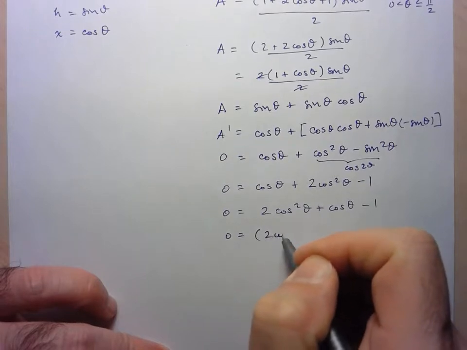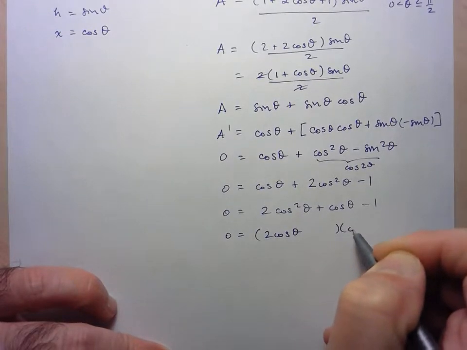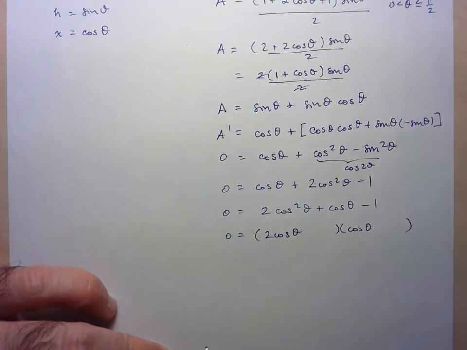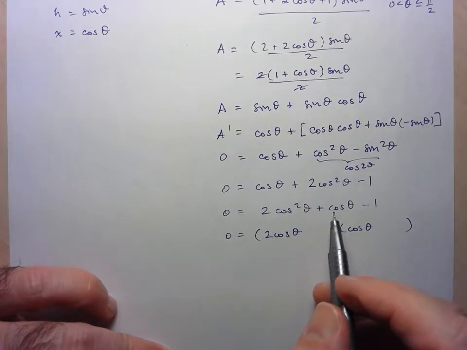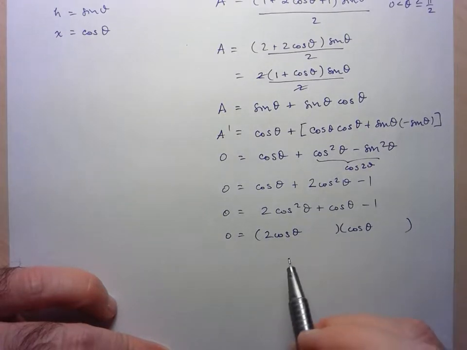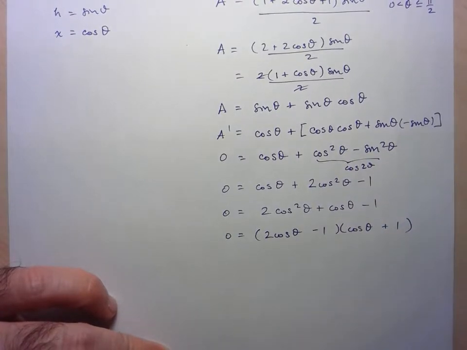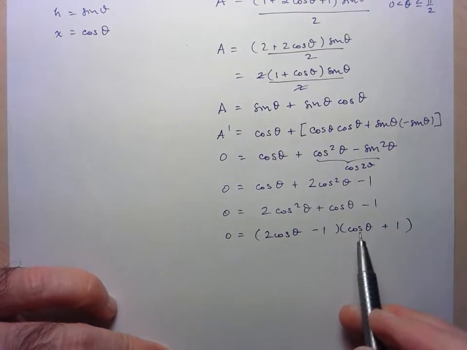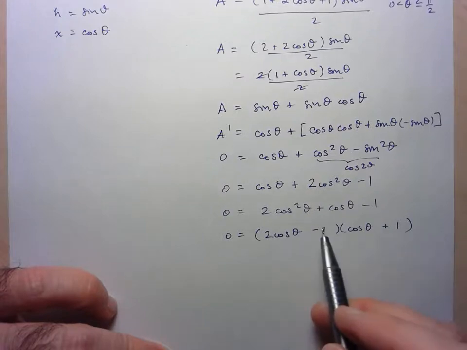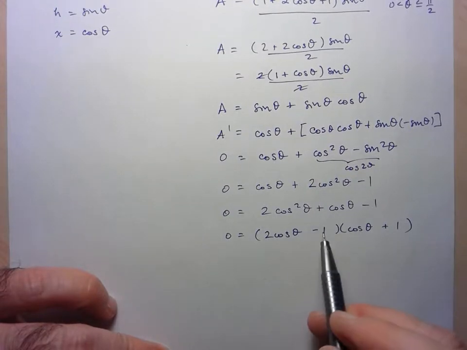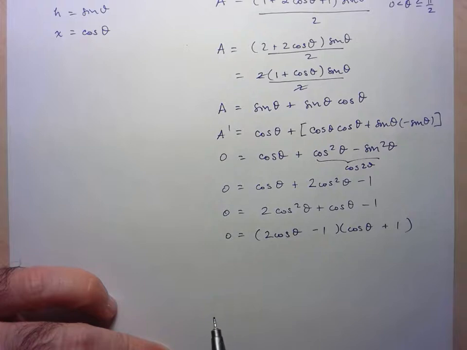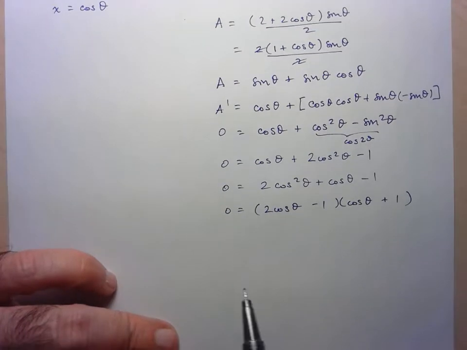If I take 2 cos theta and a cos theta there, I needed them to add up to cos theta, so positive cos theta. So I'll put the plus 1 here and the minus 1 there. Let's give a quick check. 2 cos squared theta, 2 cos theta minus cos theta, there's our middle term, and negative 1 times 1, there's our last term. And now we can solve this.